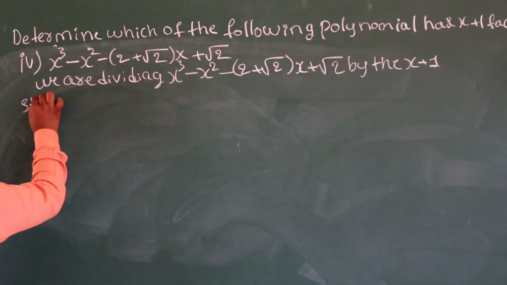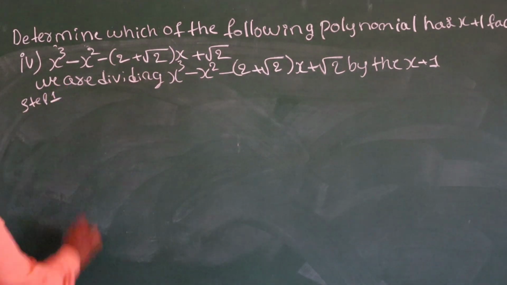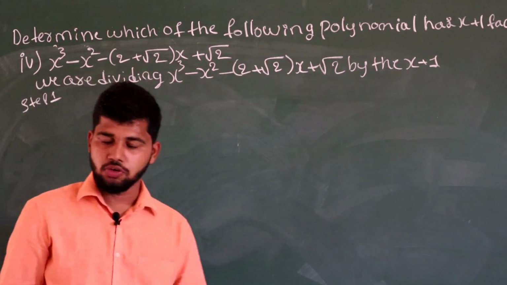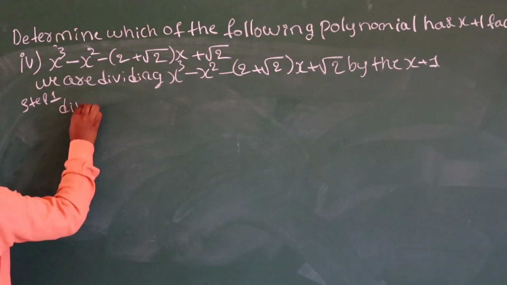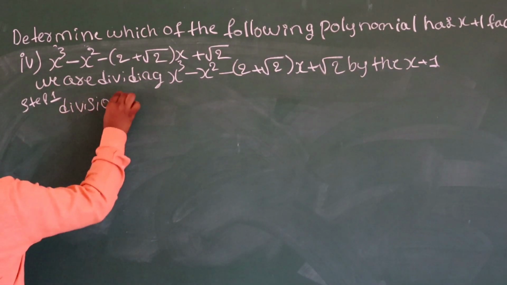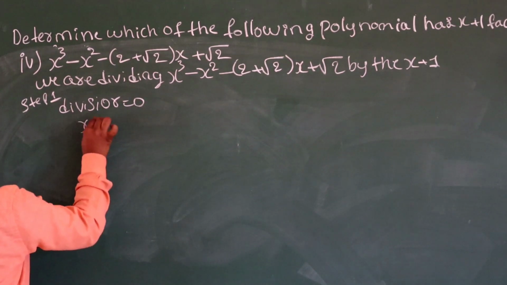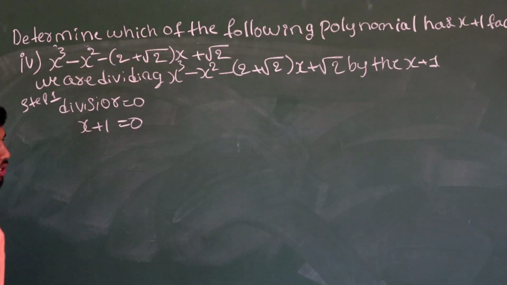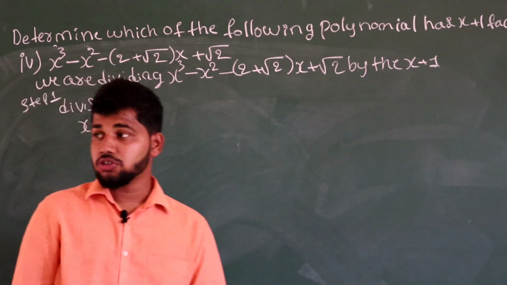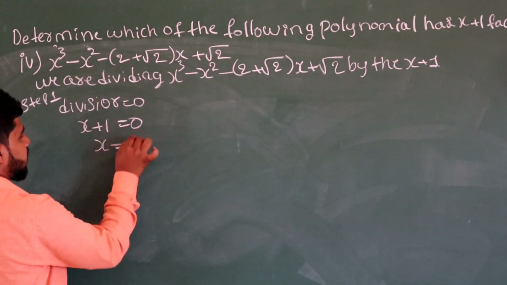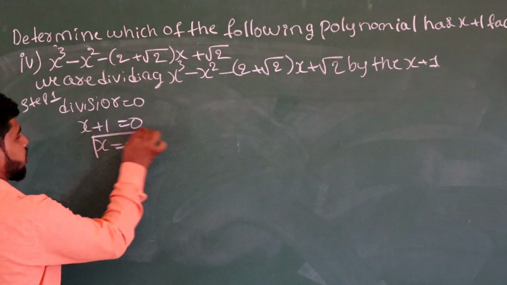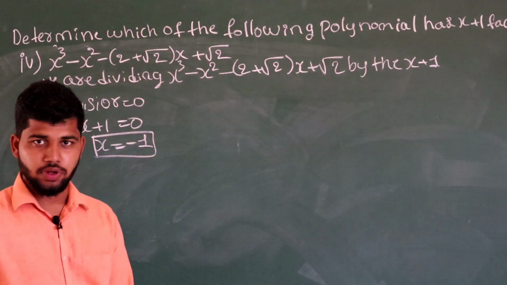Step 1: take the divisor equal to 0, x plus 1 is equal to 0. So x is equal to minus 1.